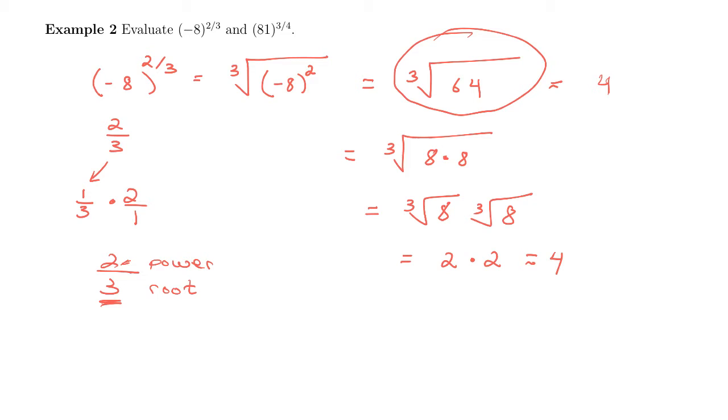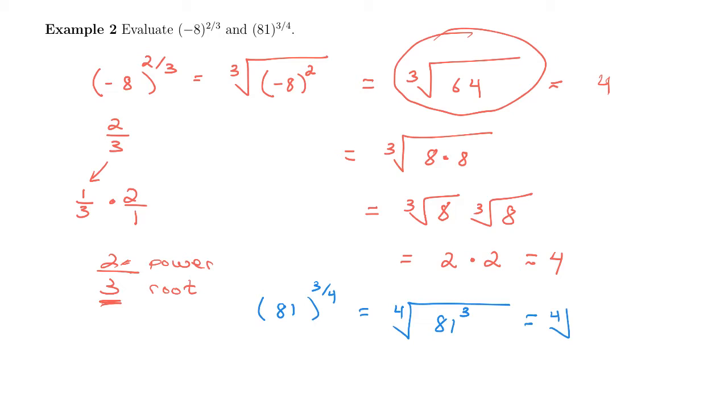And so as the last example, we have 81 to the 3/4. This one is now dealing with the 4th root of 81 to the 3rd power. If you were to just directly follow order of operations in your calculator, this would get pretty messy.